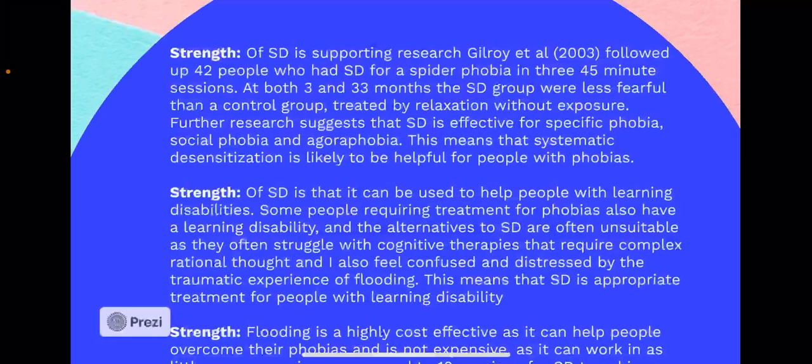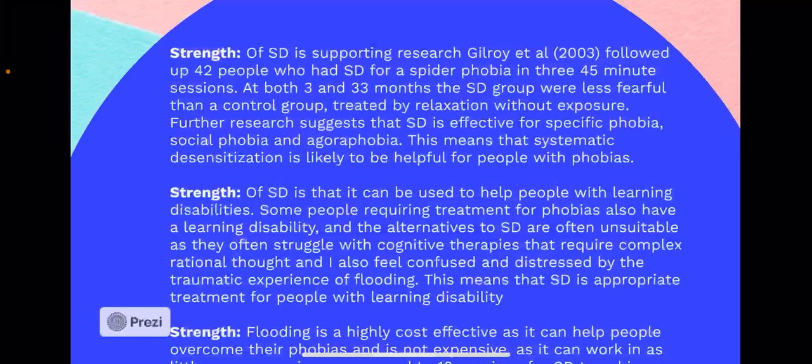Further research suggests that systematic desensitization is effective for specific phobia, social phobia, and agoraphobia. This means that systematic desensitization is likely to be helpful for people with phobias. So it's that real-world application that we've seen multiple times in this topic area. It's really helpful for us to use to treat an individual.